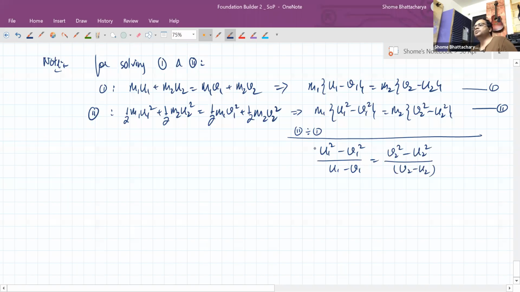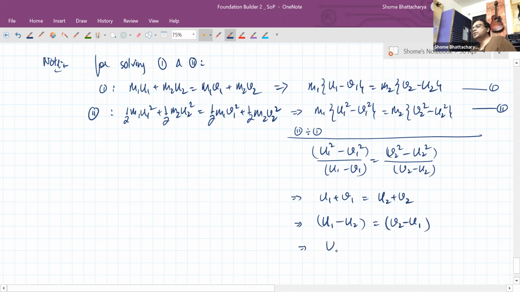And then further manipulating algebraically, you can see that we'll get the relation that u1 plus v1 is equal to u2 plus v2, which will give us further this interesting fact that u1 minus u2 is equal to v2 minus v1. Now, if you recall, this is something significant. This was the approach velocity, the relative velocity of approach.